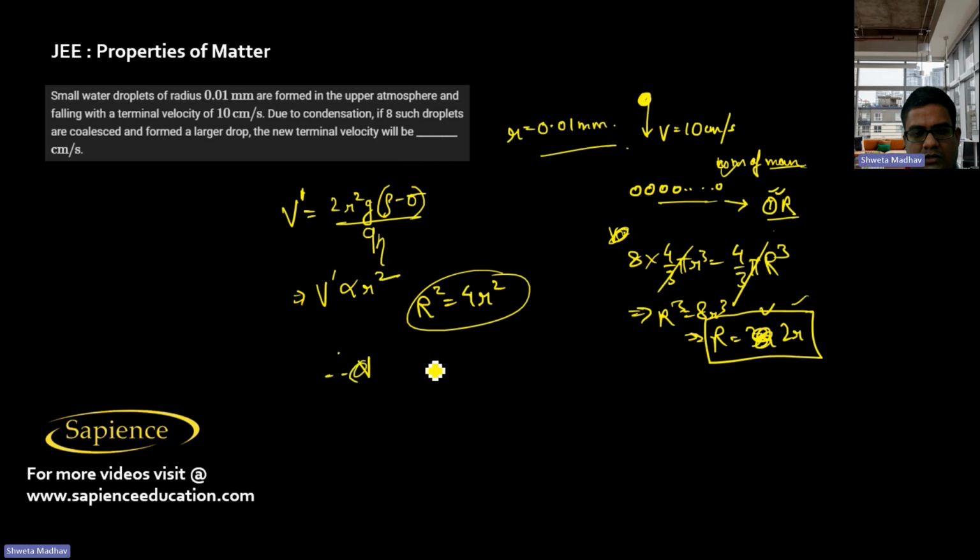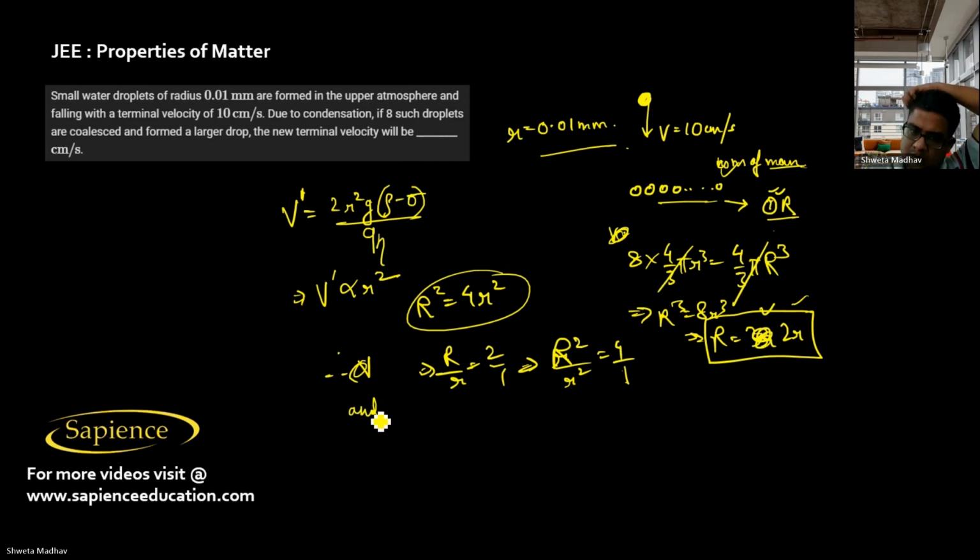That means the ratio of the terminal velocity also will be 4.